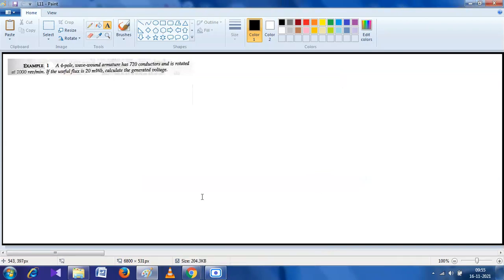Today we do some problems related to DC generator. So let's see the first example. The first example says a 4-pole wave-wound armature has 720 conductors and is rotated at 1000 revolutions per minute.